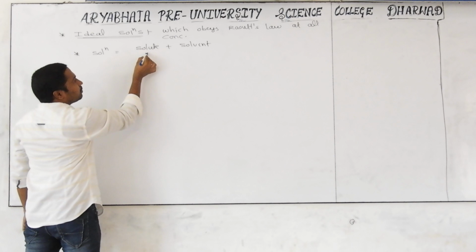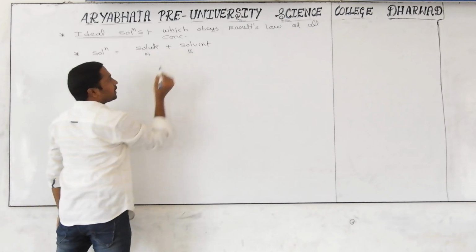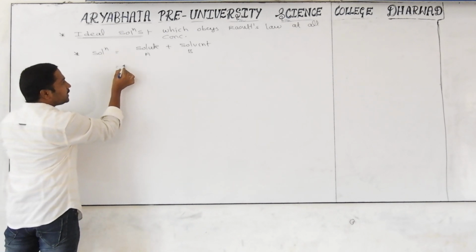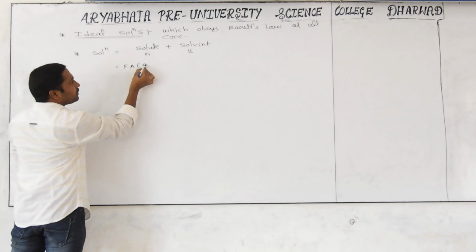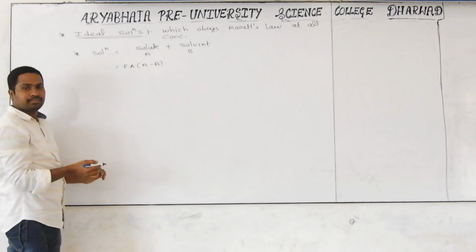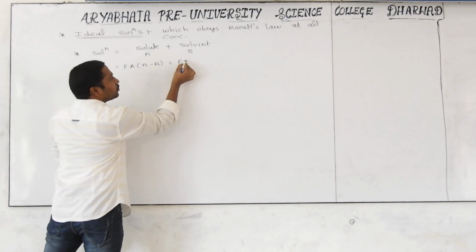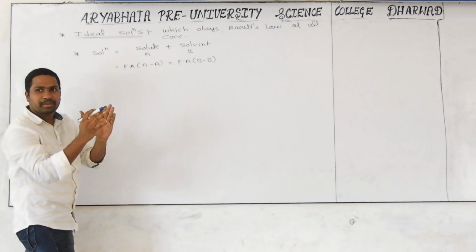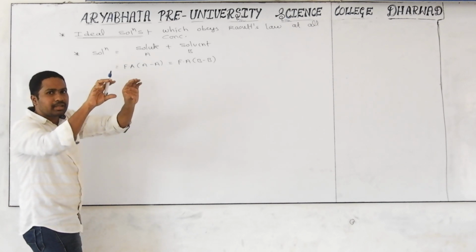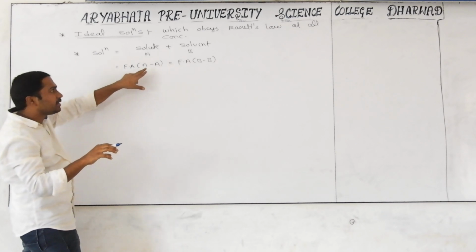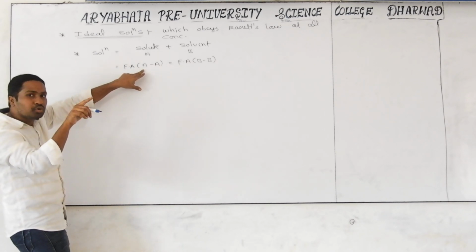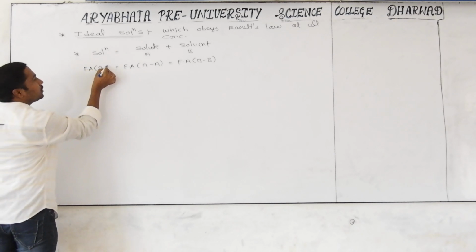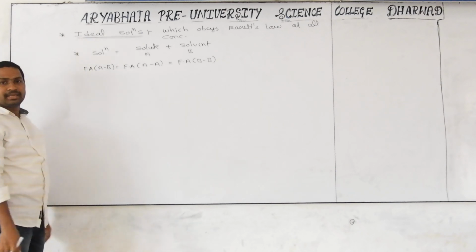The solute is denoted by A and the solvent is denoted by B. Observe very carefully, every point is important. The force of attraction between solute particles AA should be equal to the force of attraction between solvent particles BB, and also equal to the force of attraction between solute and solvent particles AB.